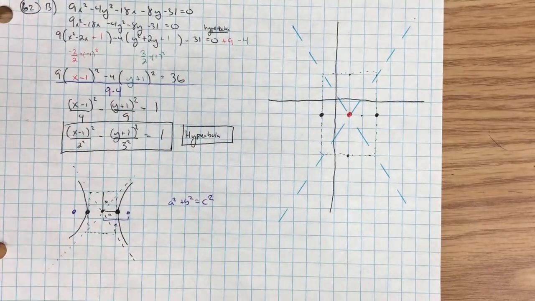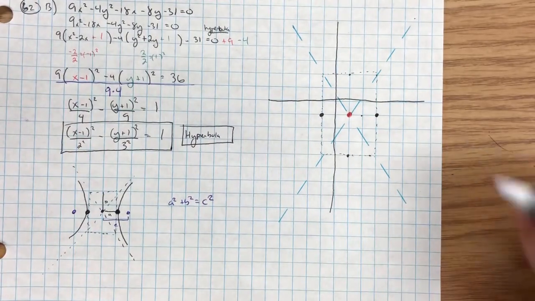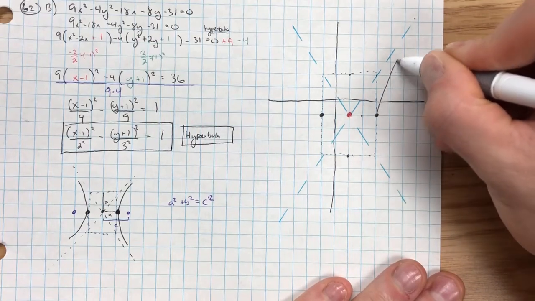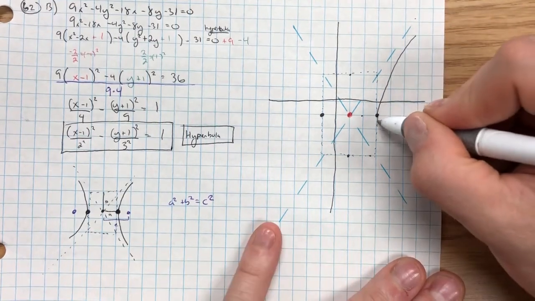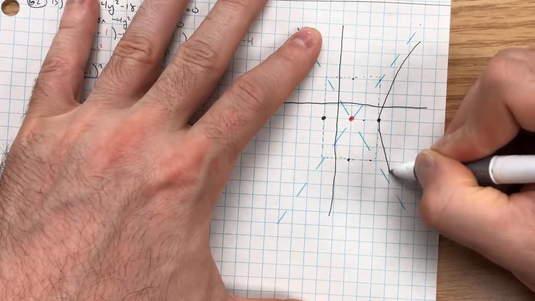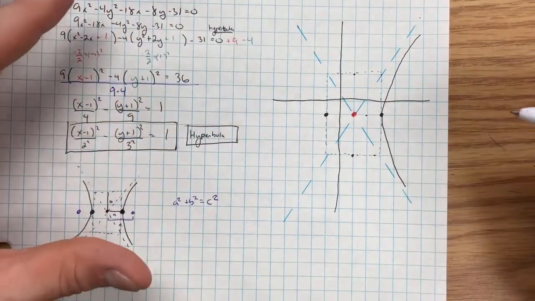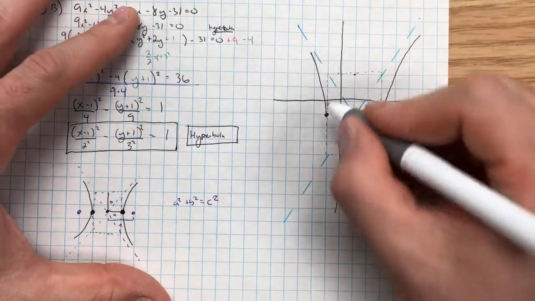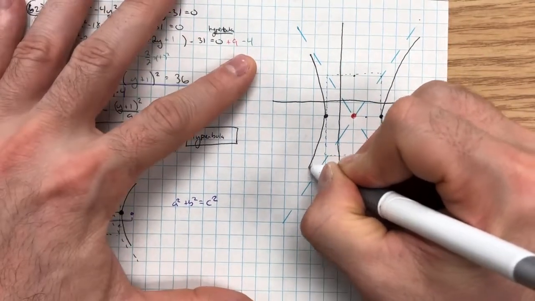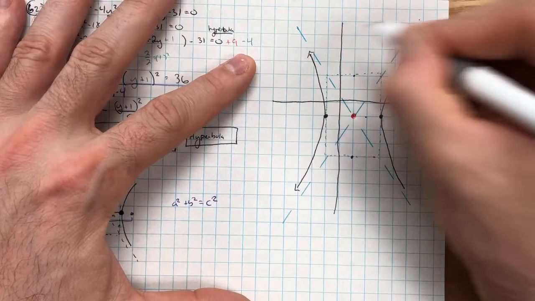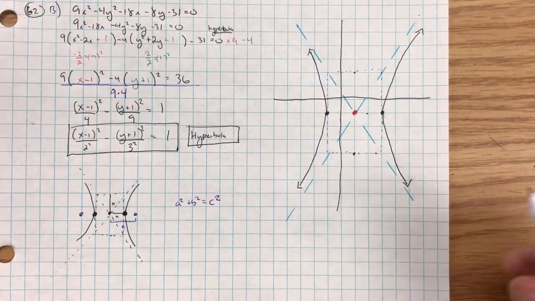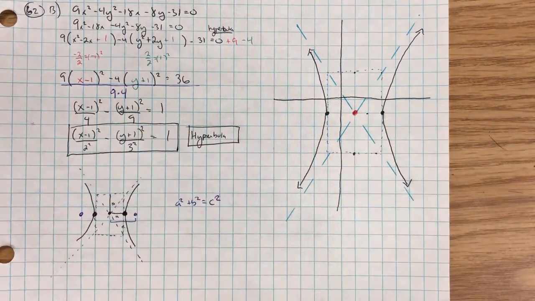So those are our two asymptotes, which means our hyperbola touches this point, curves up, curves down towards those asymptotes without touching, curves up, and curves down without touching, continues on, and then I have two foci which are a little beyond here.